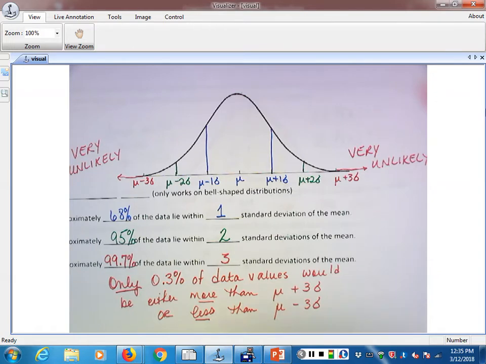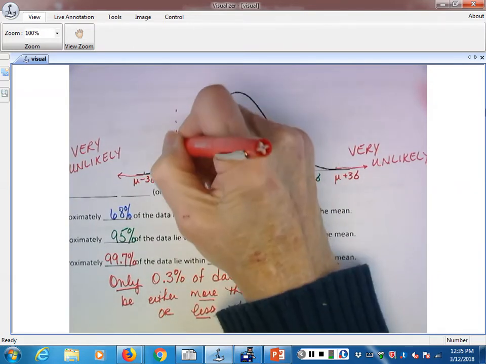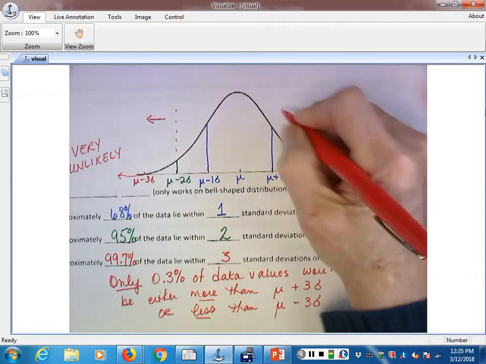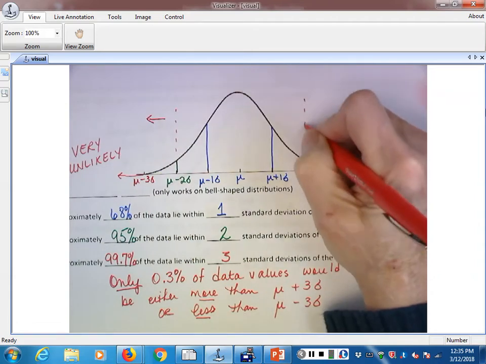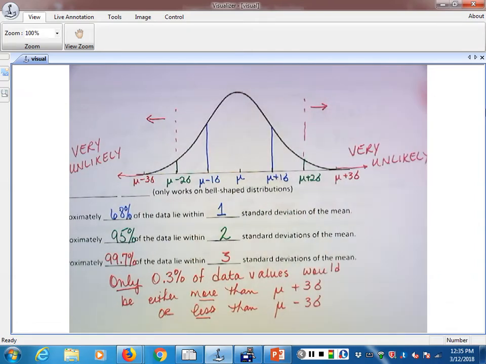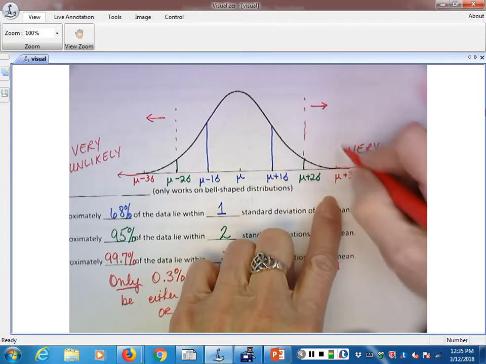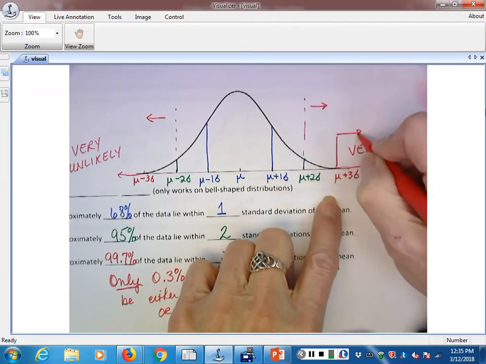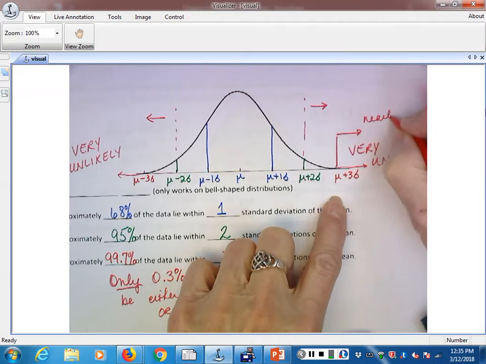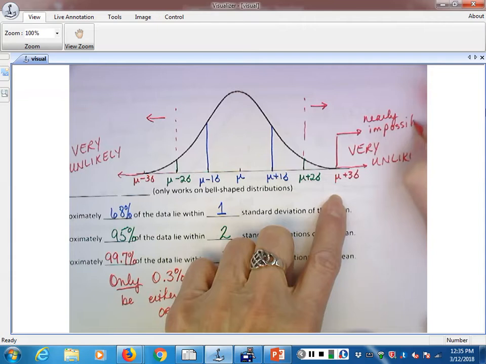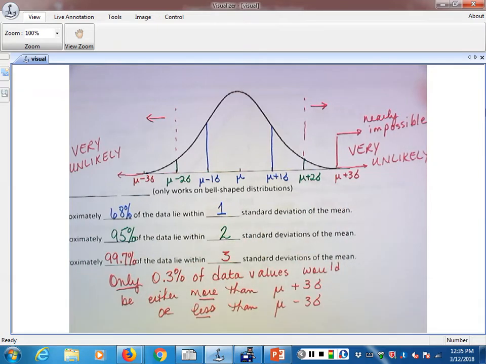It would be unusual, actually, if they were outside these two. It would be suspicious. Not impossible, but very suspicious. But if it actually lies outside this boundary, that would be nearly impossible.